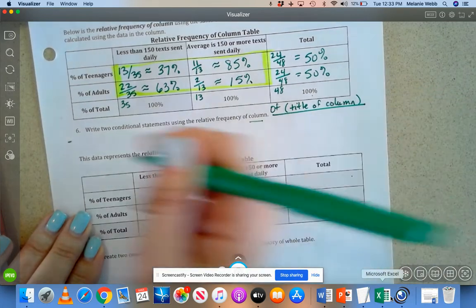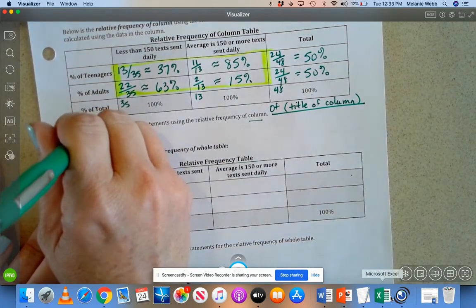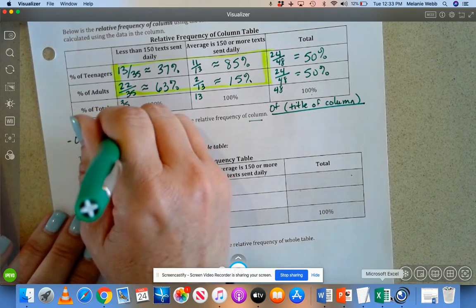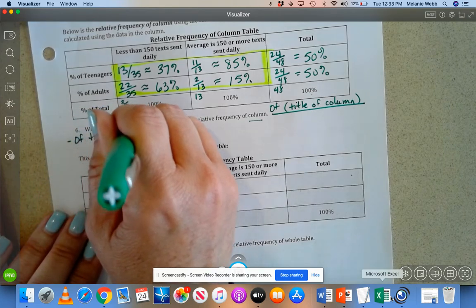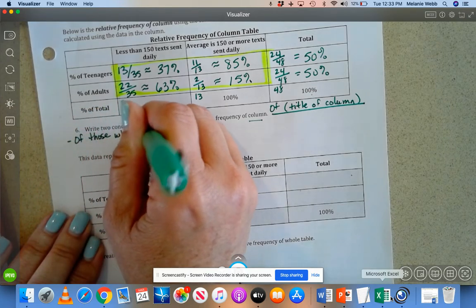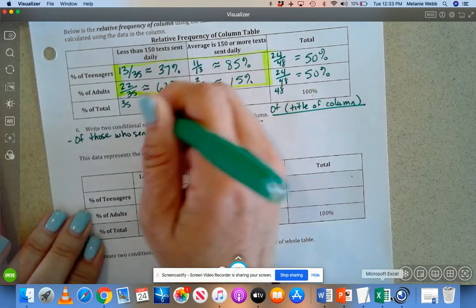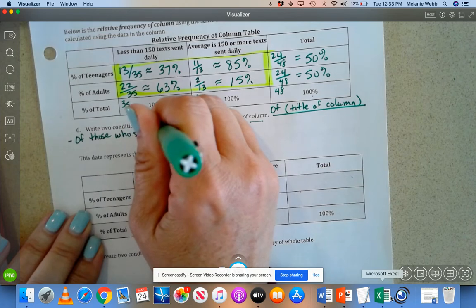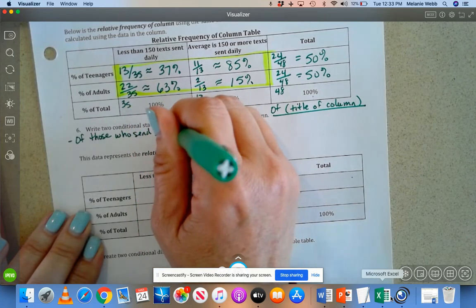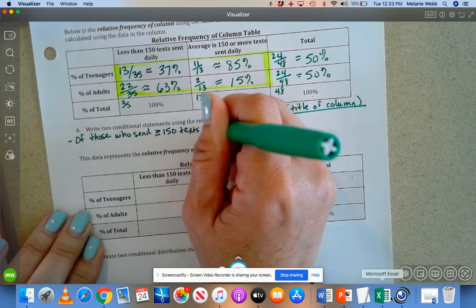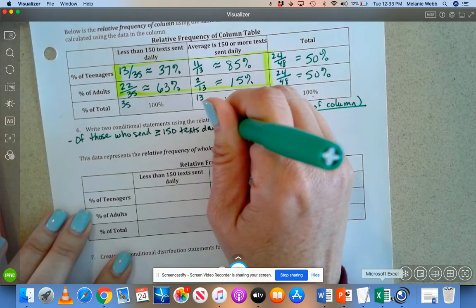So I'll say, of those who send greater than or equal to 150 texts daily, 85% are teenagers.